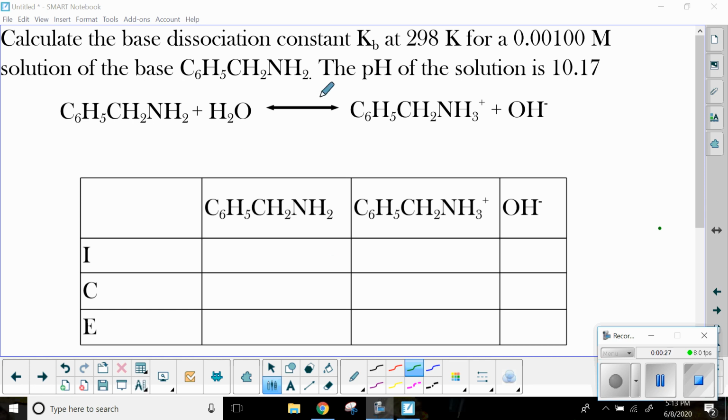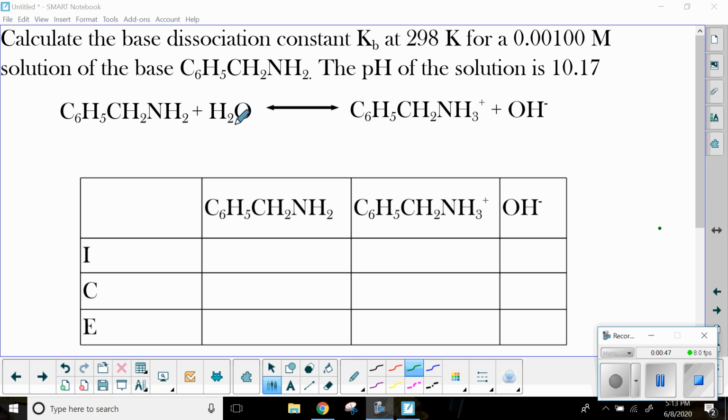In this example, I found it handy to include the water, even though in the previous example I didn't. And that's because I wanted to show you where the hydrogen went from the water. So remember, in water, you got hydrogen ions and hydroxide ions.